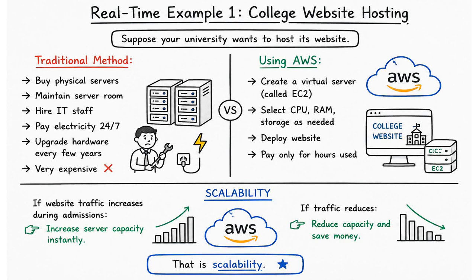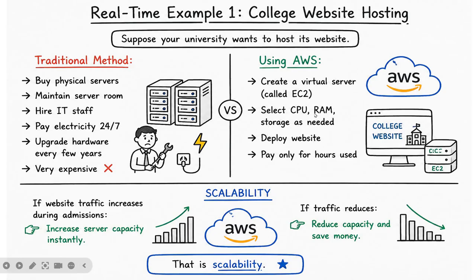This virtual server behaves like a real physical server, and the benefits are that it can be created within minutes and no physical hardware is required. It can be accessed online and it is very easy to manage. For example, the college can host website files, databases, and admission portals on the EC2 servers.